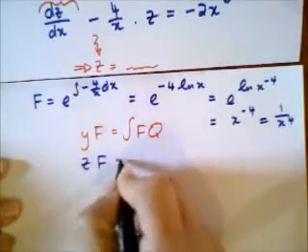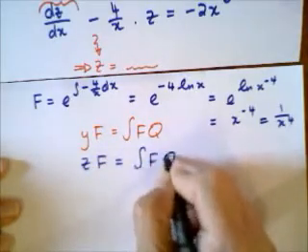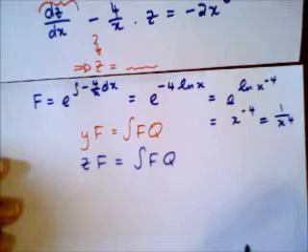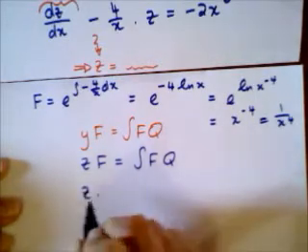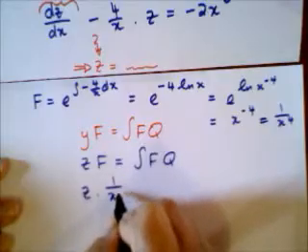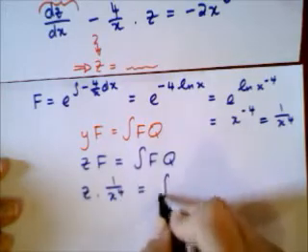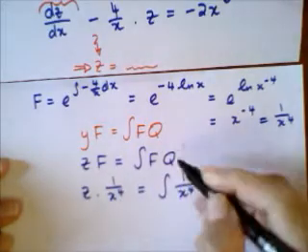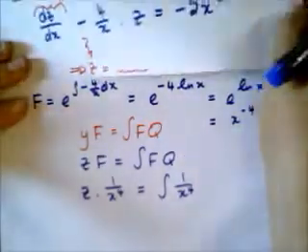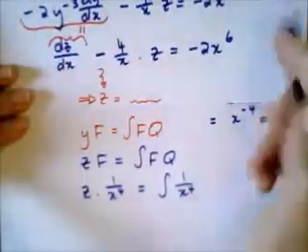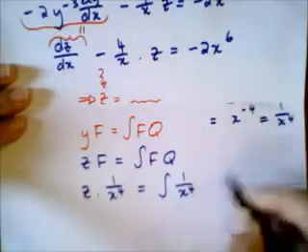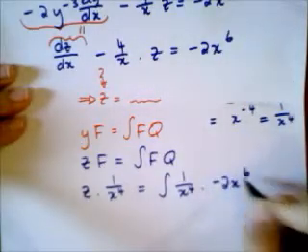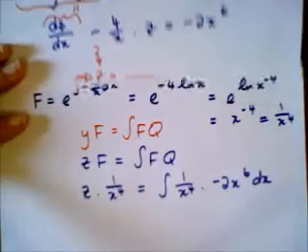So we're going to use a formula that looks like this. Okay? So z stays, your f is 1 over x to the 4, and in this case, your q value is going to be minus 2x to the 6, x to the 6 dx.